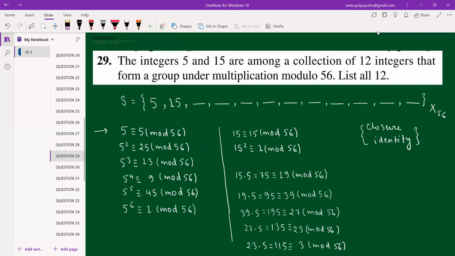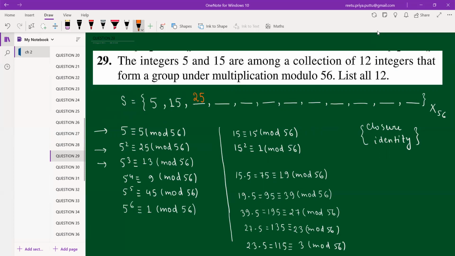So what happens? We have 5 and 5 is available here. Now, when I did 5 square, it gives 25, and 25 modulo 56 is again 25. So I am filling in 25. In this way, I will try to fill in every number. Again, I did 5 cube, and 5 cube is 125, which gives 13 as the remainder.